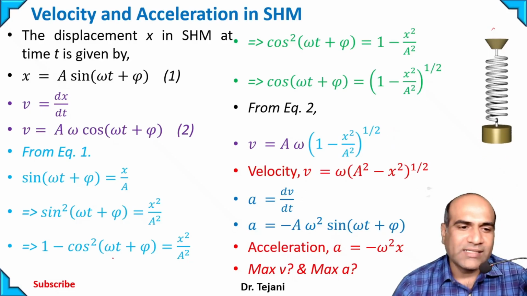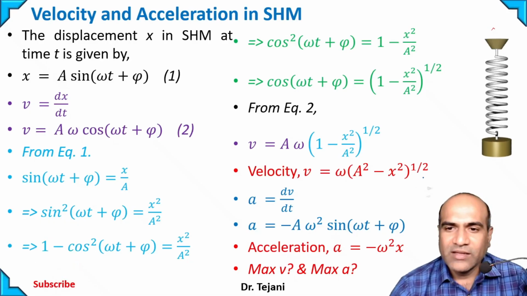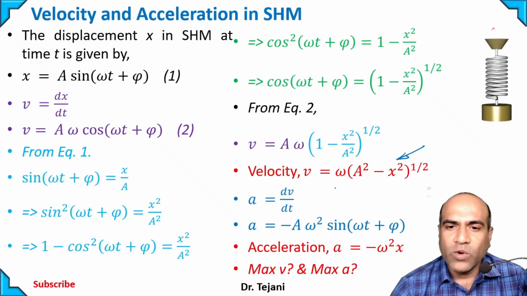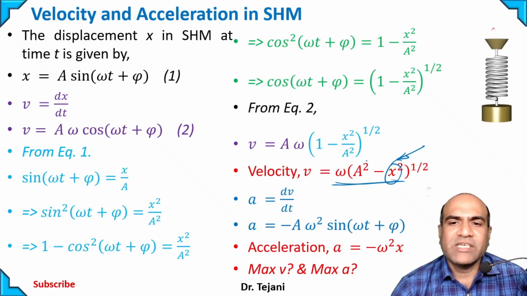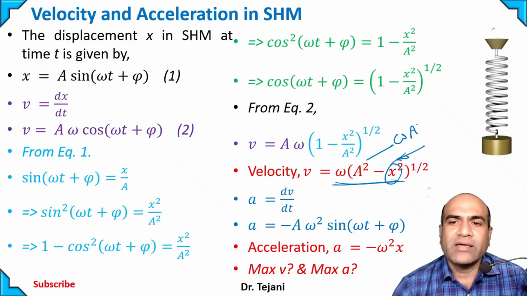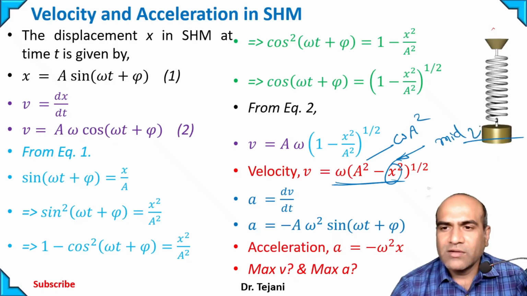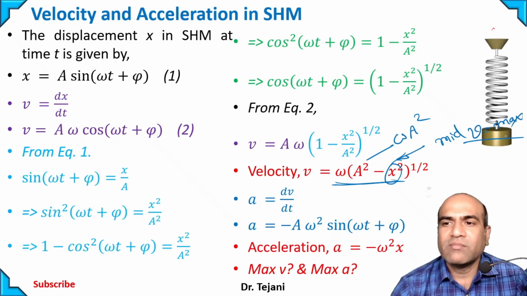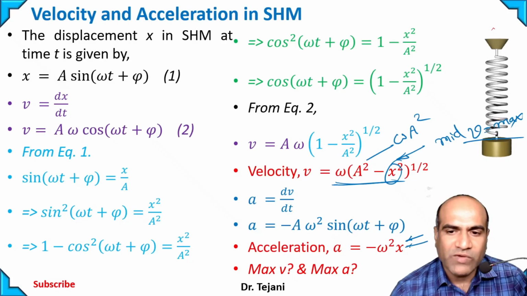Or let's change the color. Yeah, so this is the equation. What should be the maximum value of this? X can be 0, so omega a. Means at mid position, velocity is maximum. And what about this? X can have maximum value a.